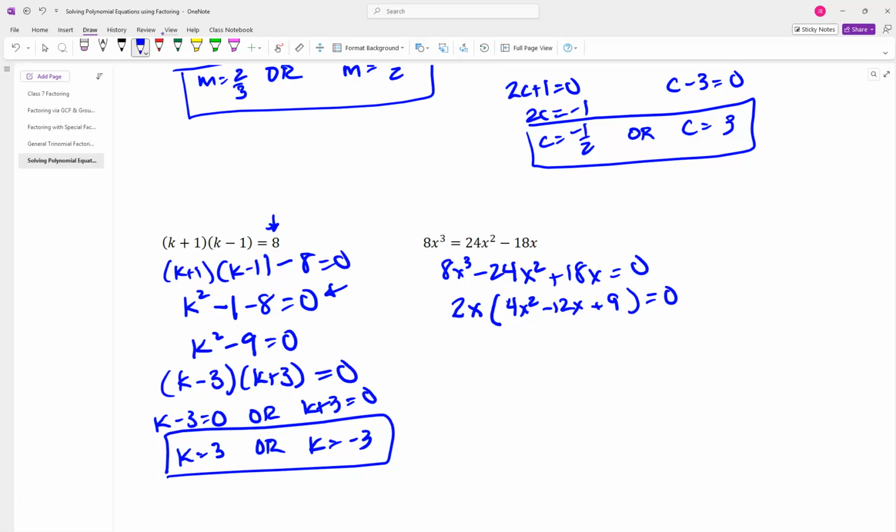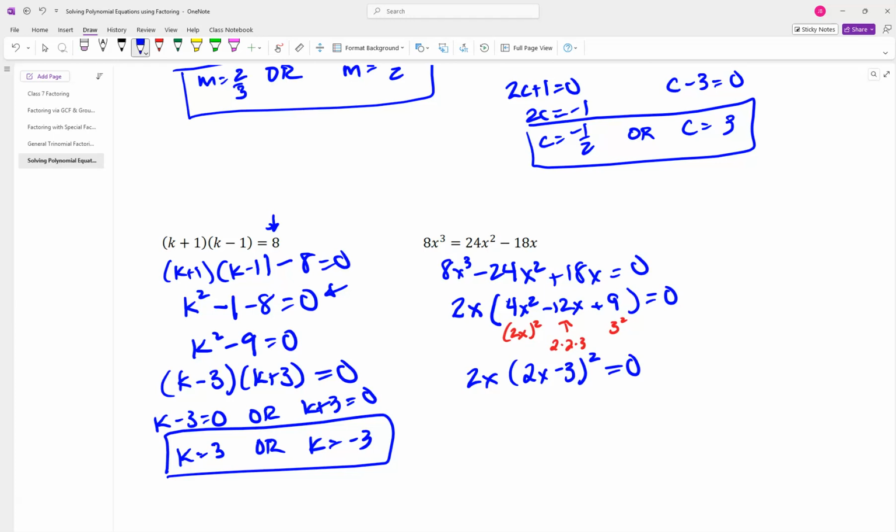And that looks a lot like 2x all squared, and this 9 is 3 squared, and this 12 is 2 times 2 times 3. So this is actually another special factoring form: 2x times 2x minus 3 quantity squared is equal to 0.